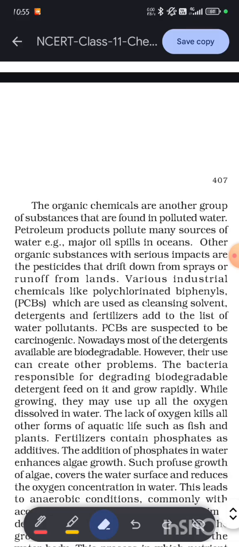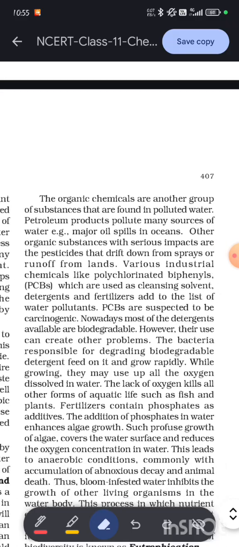Various industrial chemicals like polychlorinated biphenyls, which are used as cleansing solvents, detergents, and fertilizers, add to the list of water pollutants. PCBs are suspected to be carcinogenic.